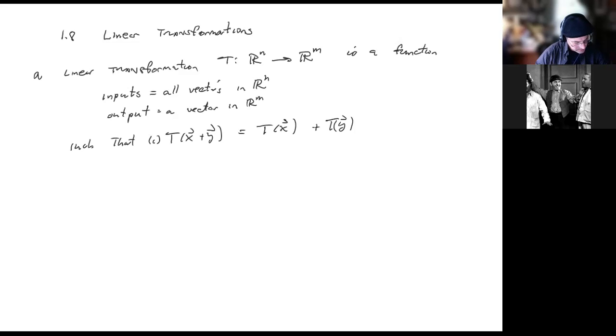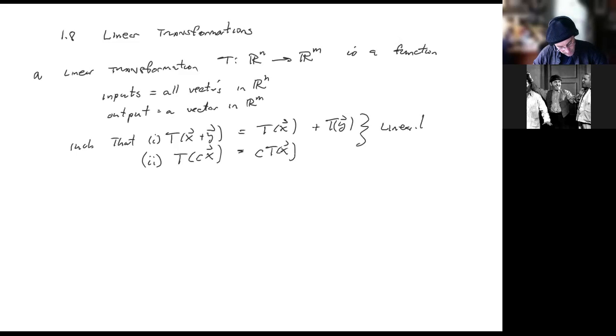And the second condition to be a linear transformation is that T of C times x, where C is any scalar, is C times T of x. So these are the linearity conditions on the function, making it into a linear transformation. Now, you've actually seen linear transformations already, but in a different form.